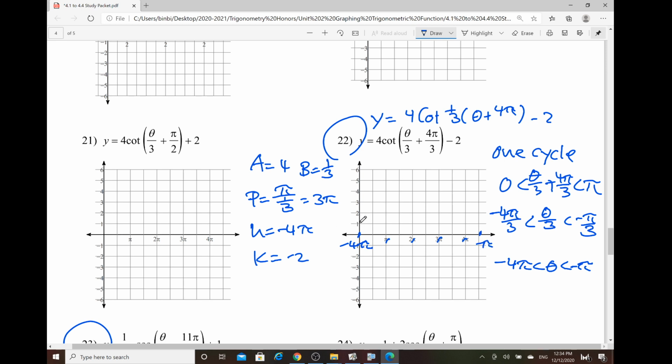And also we don't like this kind of y-axis scale here. So again, at those positions, we do have the VA. So this one is a dotted line. Here's another dotted line with 1 cycle of cotangent. Okay, this one should be straight, kind of tilted a little bit. And then the midpoint here, so negative 4 pi to negative pi, so negative 5 pi over 2.